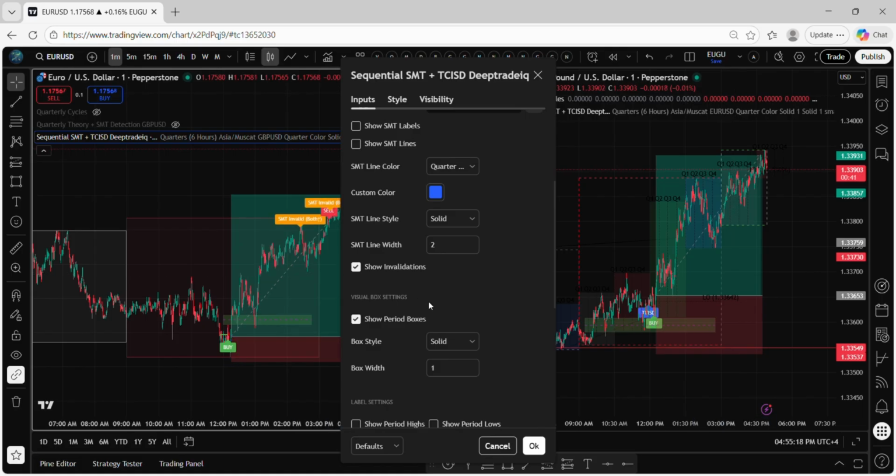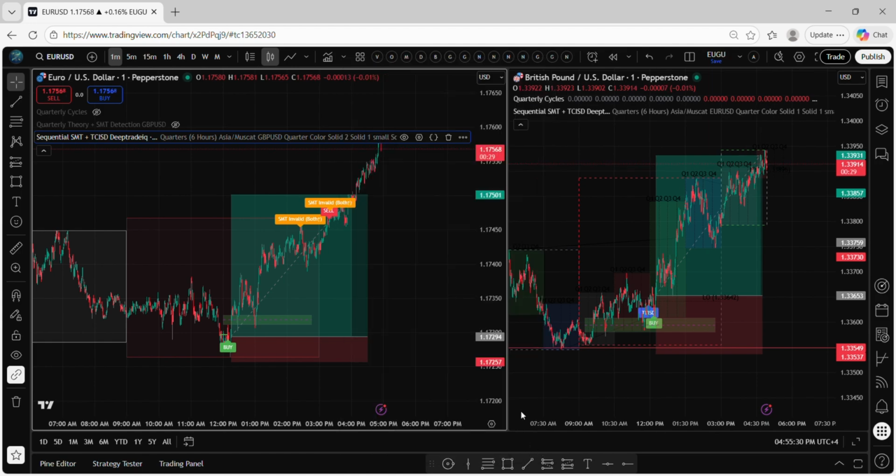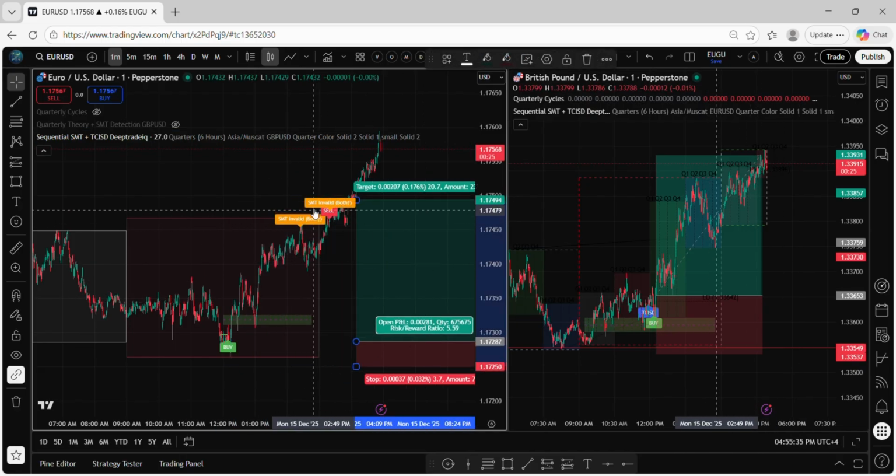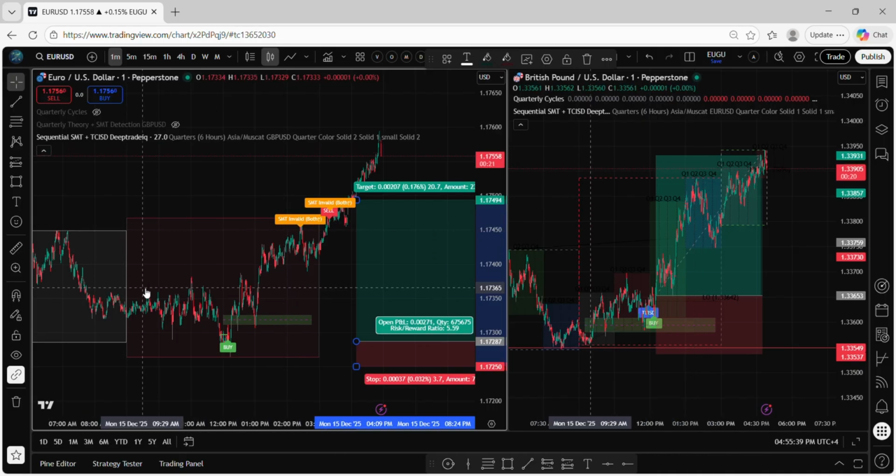So when an SMT is invalidated, for example, if SMT happened on the higher highs of a quarter, with for example Q2 makes, let me show you. You see, this is an invalid label for SMT.